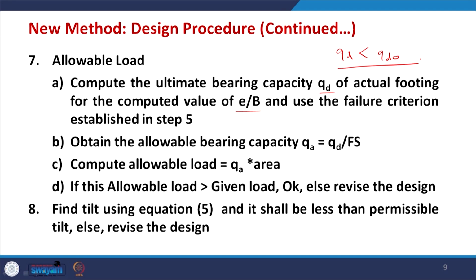So we find this value for E by B and find the value of q d. Then we find the allowable bearing pressure using q d divided by the factor of safety which has already been fixed. Once the allowable pressure is known, multiply by the area of the footing to compute the allowable load, and this allowable load should be more than the given load, then it is okay; otherwise you need to revise the design.